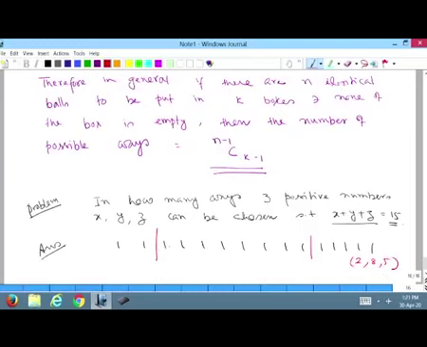So, one possible way is x equal to 2, y equal to 8 and z equal to 5. Therefore, the possible ways is 14 C 2, and you can understand how we got this number.